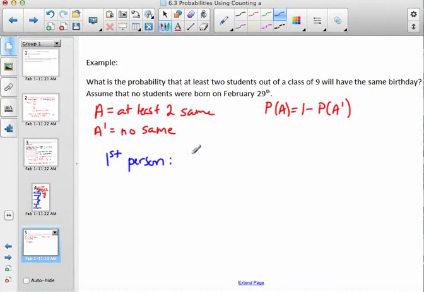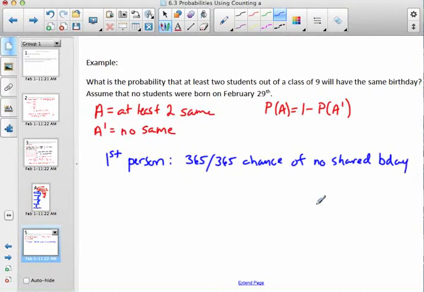So they have a 365 out of 365 chance of no shared birthday. Now that's if we're just talking about a class of 1 person. They have a 100% chance that no one else shares their birthday because they're the only one in the room.